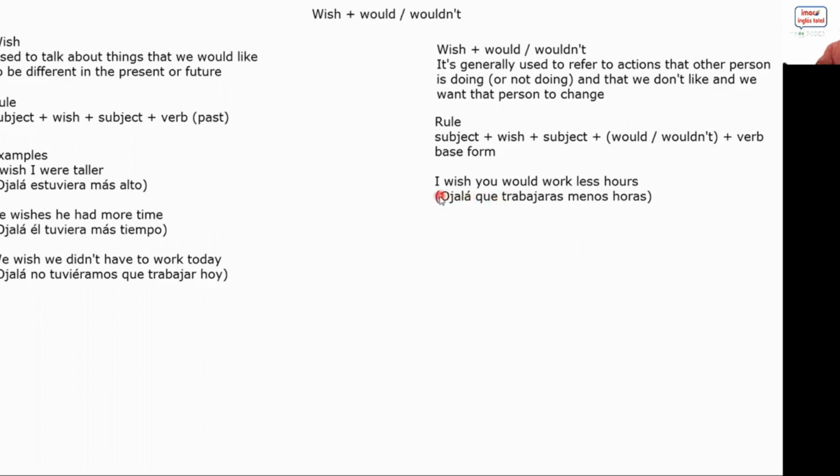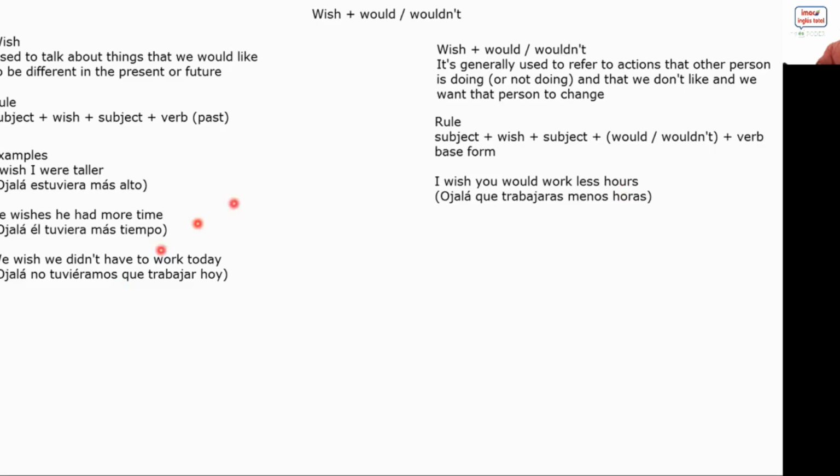So, I wish you would work less hours. You work too much. You work many hours. I don't like that. I want you to change this activity or this behavior. All right?